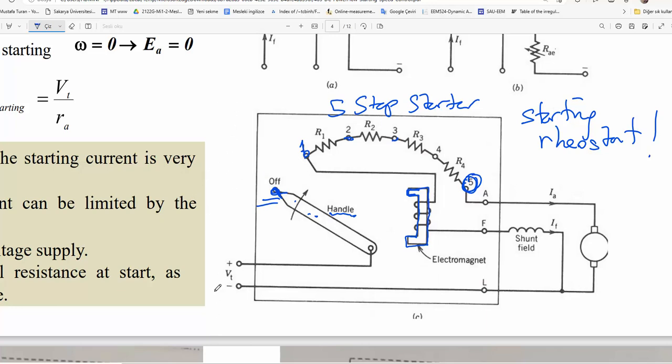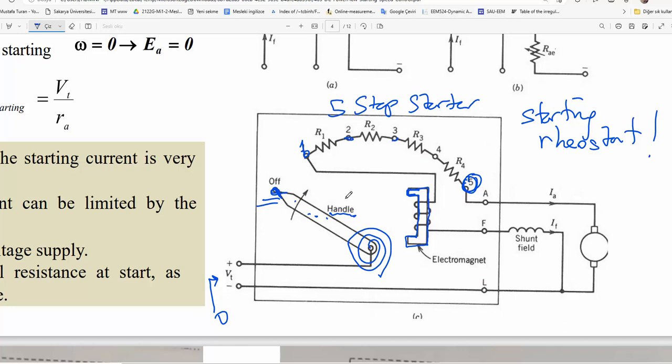For example, assume that there's a failure in supply voltage. It goes down to 0 due to a failure, a problem. The electromagnet here leaves the handle, and here's a spring mechanism.